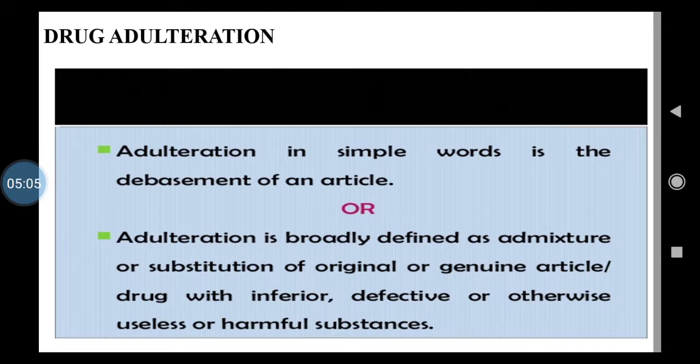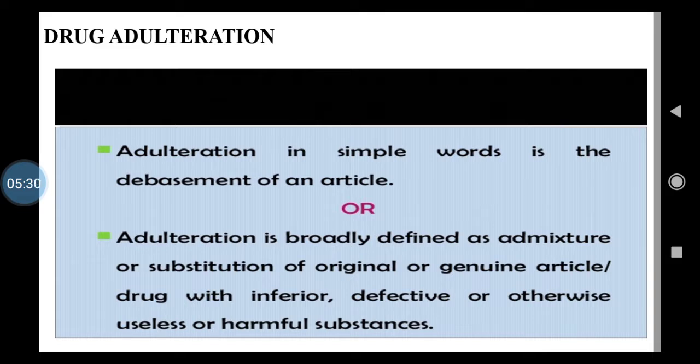Now, when there is a spoilage or deterioration of the drug, deterioration means when the quality is becoming down, or spoilage we mean when there is an attack of microorganisms, that is again mixed with the genuine drug.